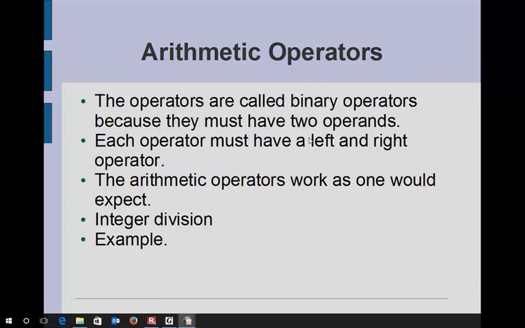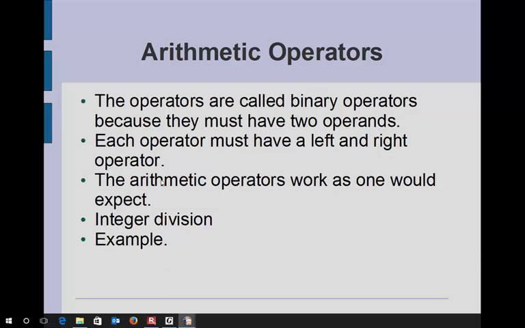So if you want to add two numbers, then of course you have to have two numbers that you want to add. You want to subtract, then you have two numbers that you want to subtract, and so on. Each operator has a left and a right operand. Actually, this should say operand, not operator. So when I have a plus sign, it has two numbers, a left number and a right number.